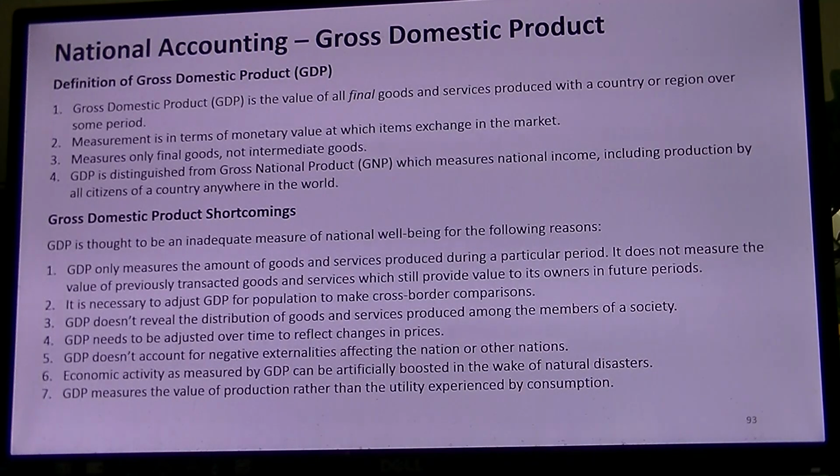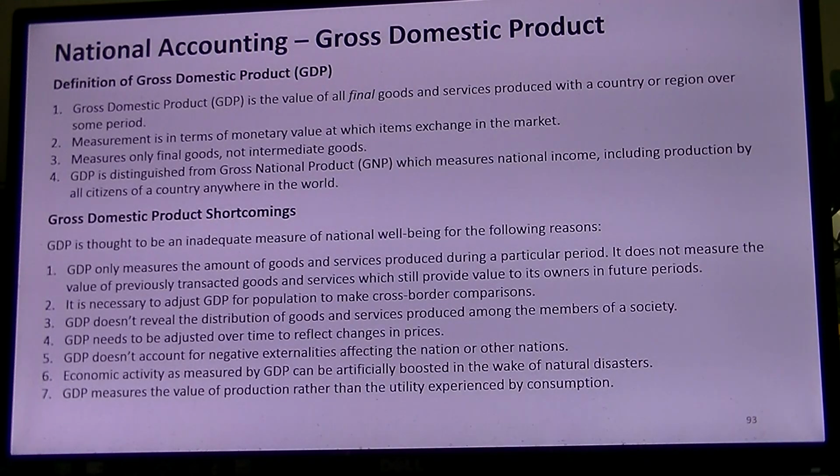It's in terms of monetary value, which items exchange in the market. So that's the important thing: whatever is paid for it, even if it turns out later that it might have been paid too much, at the value at which the items exchange in the market. It's a measurement only of final goods.